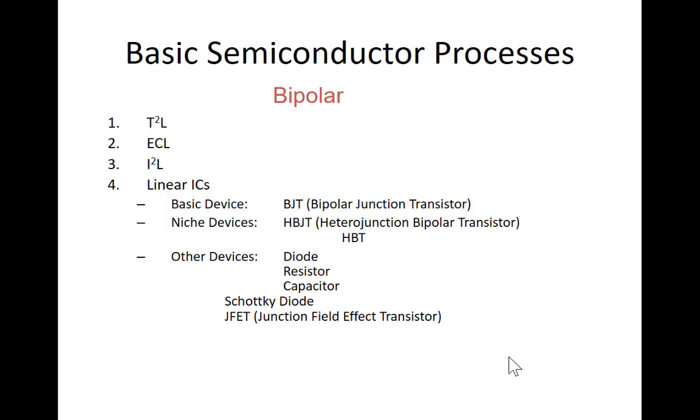I2L, a lot of linear ICs. Many of the op amps and a lot of the other ICs you'll buy today are still made in bipolar processes. In a bipolar process, we typically have a good diode. We typically have a good BJT. And then we have some resistors and capacitors that are probably not as good.